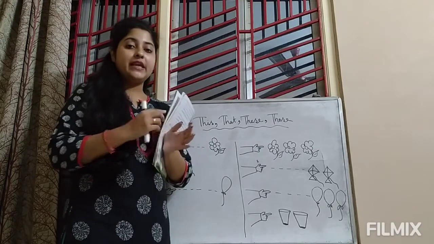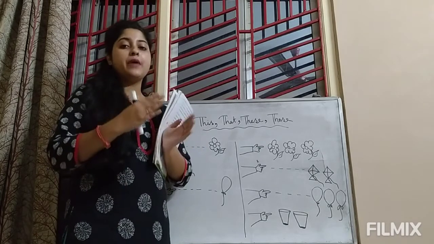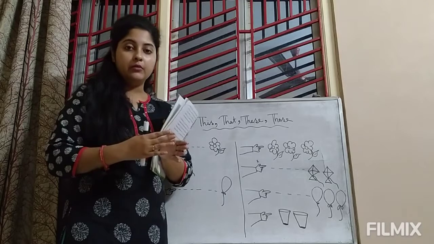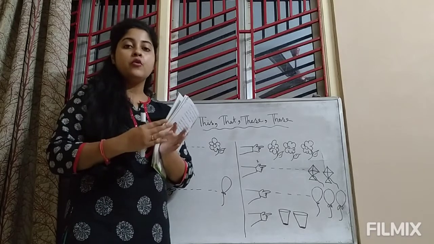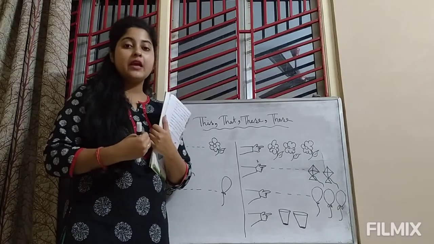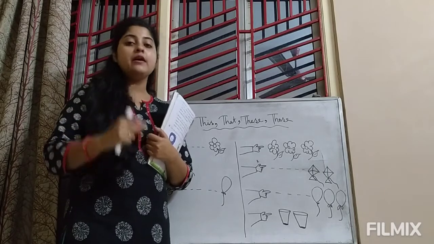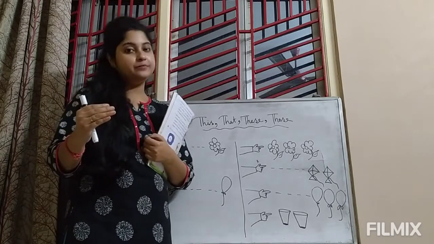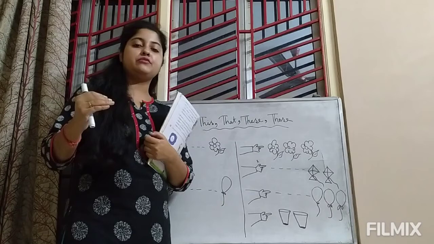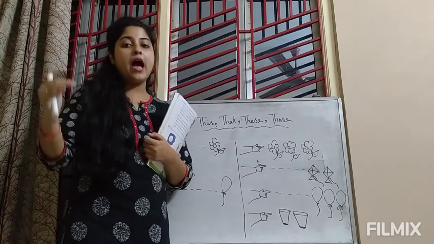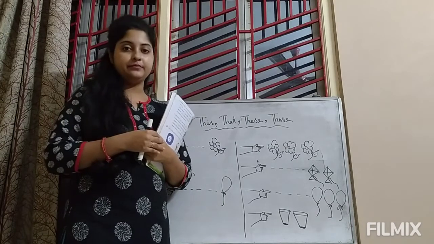Understand? I am saying it again. When any person, any animal or any object will be near to us, that time we will use this to describe that object, to give any description about that object, animal or person.